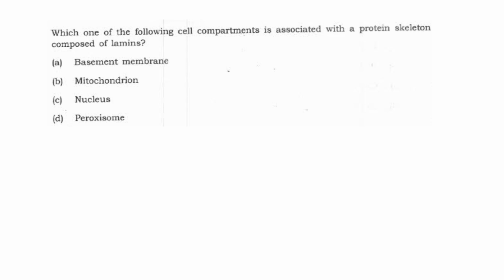These lamins also interact with inner nuclear membrane proteins to form the nuclear lamina on the interior of the nuclear envelope. In a way, we can say that lamins provide the structural framework to the nucleus. So the correct option for this question is C.